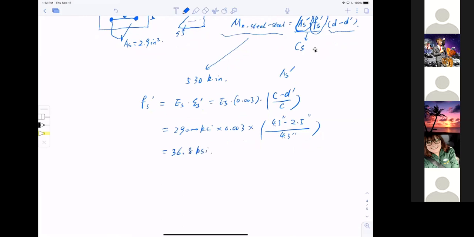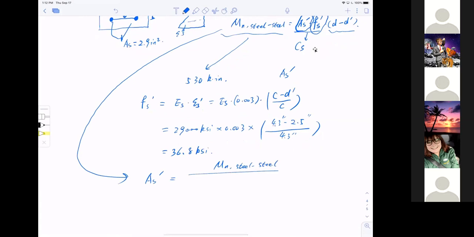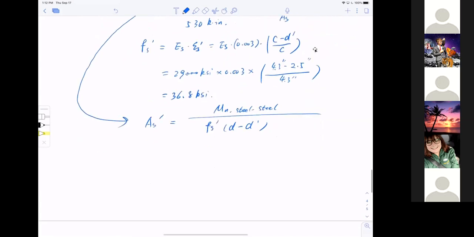Now I can go back and calculate AS prime equal to Mn steel-steel, that's the additional resistance I get from compressive reinforcement, divided by Fs prime times D minus D prime. That gives me 530 kips-inch divided by 36.8 KSI and D, which is 11.5, minus 2.5.